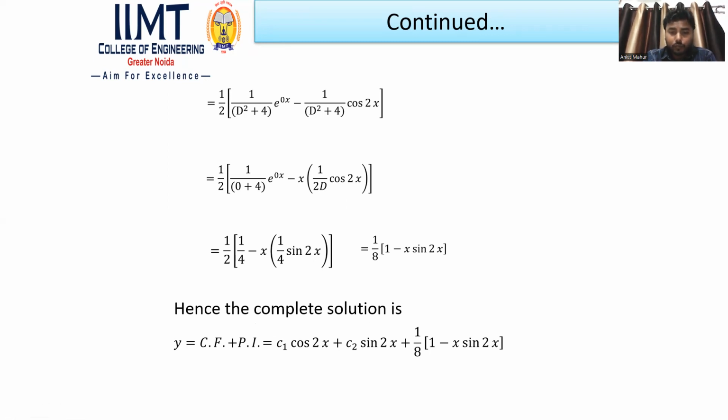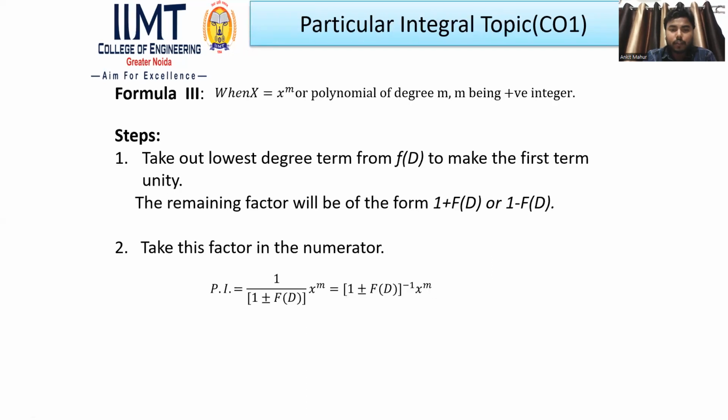Now I am going to discuss case third, when X equals x^m or a polynomial of degree m, where m is a positive integer. Step 1 is take out the lowest degree term from f(D) to make the first term unity, and the remaining factor will be of the form 1 plus φ(D) or 1 minus φ(D).